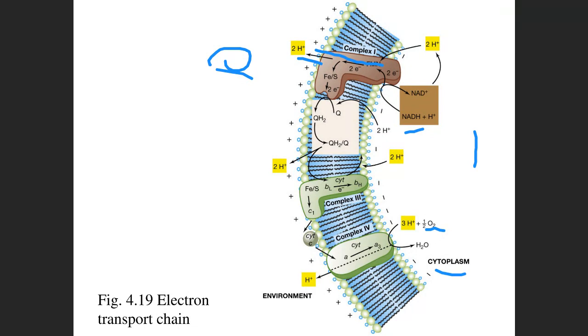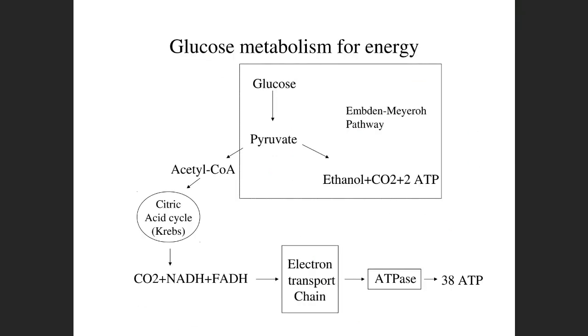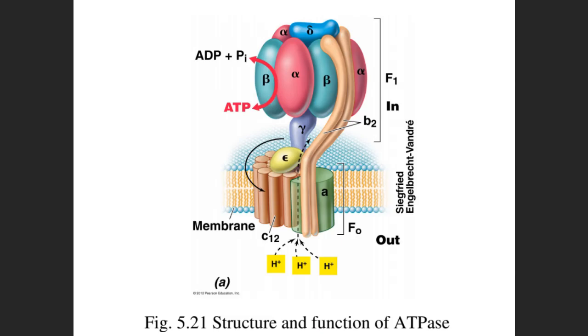Okay, so now we're at the stage of talking about the electron transport chain, and you understand the electron goes from NADH or FADH to oxygen, and in the process they generate a proton gradient. Why do we need a proton gradient? Well, this is what's going on. It is important that this is the outside, this is the inside.